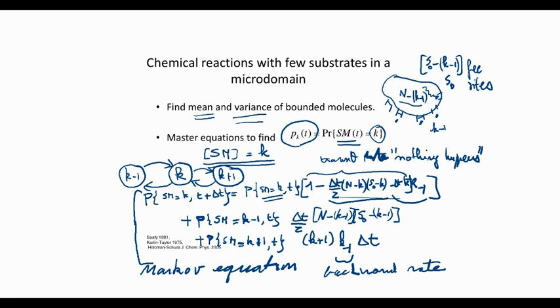Right, so we can now rewrite this equation in the form of a system of equations. The way to do it is to move this term to the other side, divide by delta t and send delta t to 0.